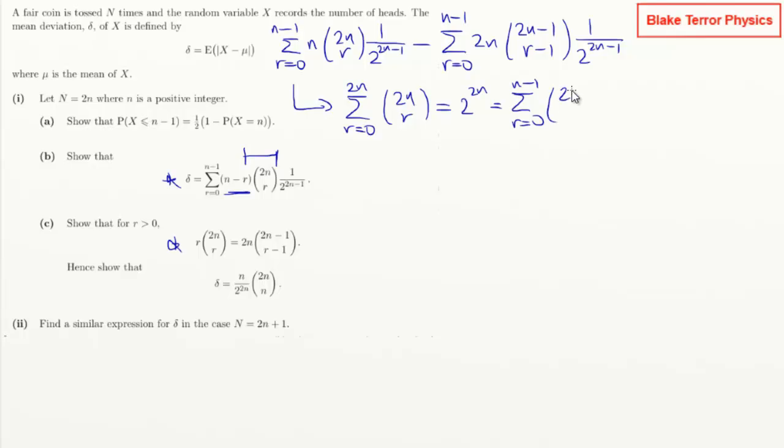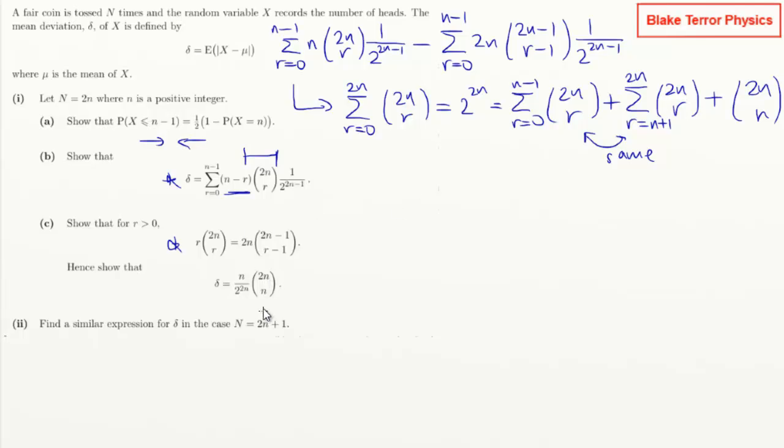So if I do that and then add on r is n plus 1 to 2n, they've got the same number of terms, and those are the same as each other, because it doesn't matter on our Pascal's triangle which end we start. If we start from the left or the right, these things are symmetrical, but I don't have the term in the middle, which is my 2n choose n. At least that's shown up, because I need that in the answer.